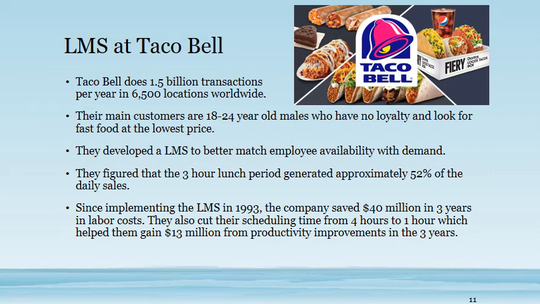Their main customers are 18 to 24-year-old males who are just looking for extremely cheap and fast food. The reason they decided to develop a labor management system is to better match employee availability with their demand. They figured out that the 3-hour lunch period generated approximately 52% of their daily sales.